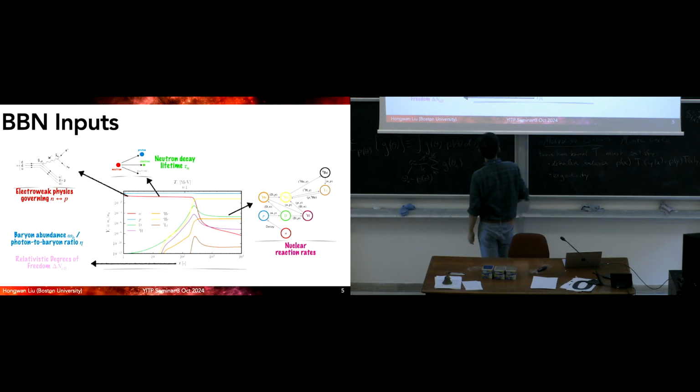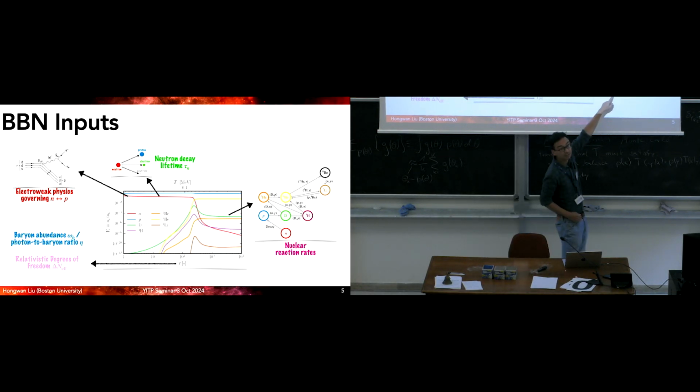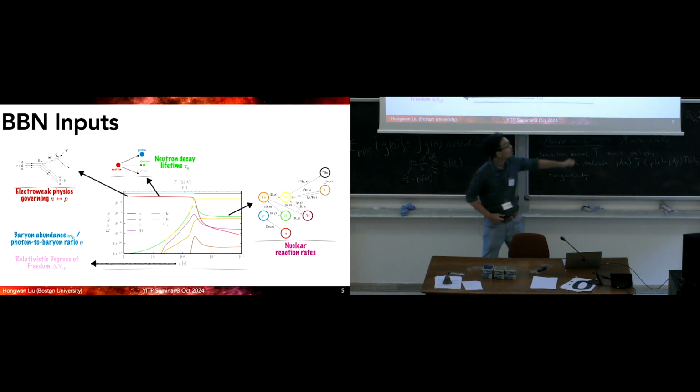And then you need nuclear reaction rates. This is the 12, the minimal set of nuclear reactions that you need to accurately predict the abundance of D and helium-4. And you need all of these reaction rates as a function of temperature.